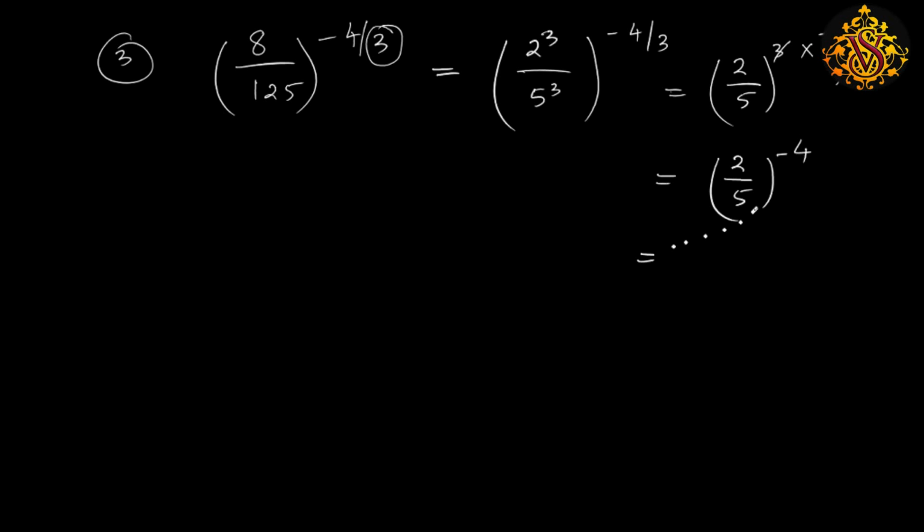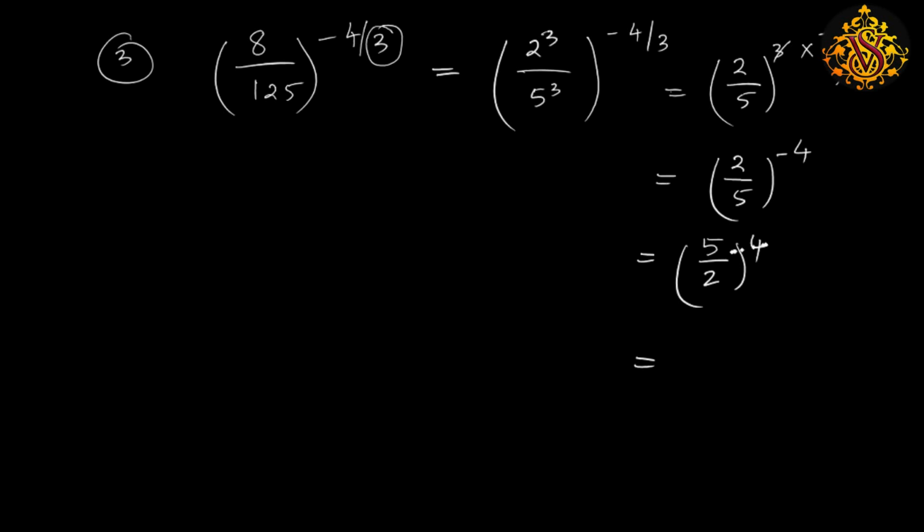So, as it is minus here, like in the previous sum, I have told that write just the inverse of this. Inverse in the sense 5 by 2 whole power 4. As it is minus, we are making it plus, that is, write the inverse.